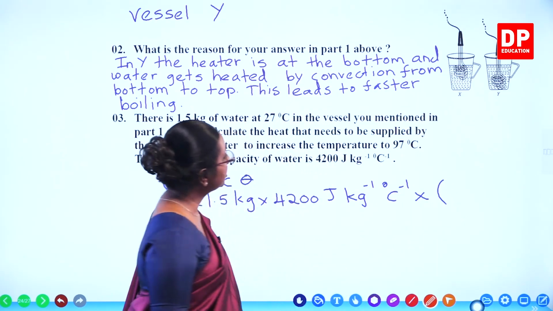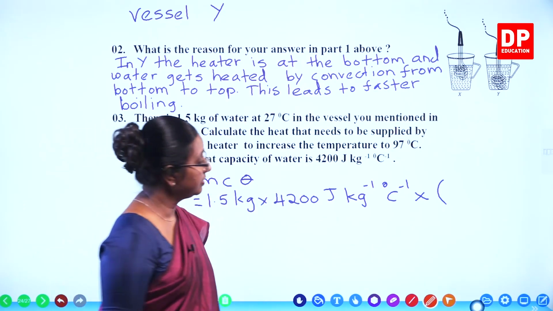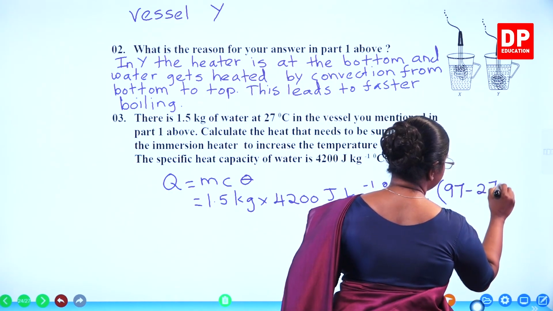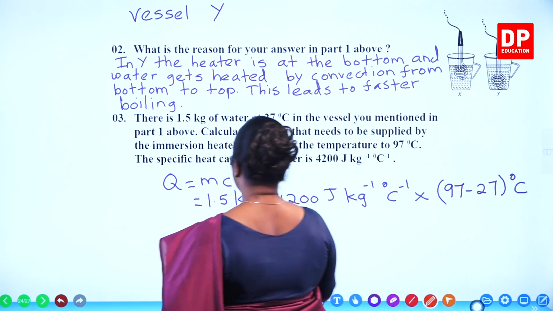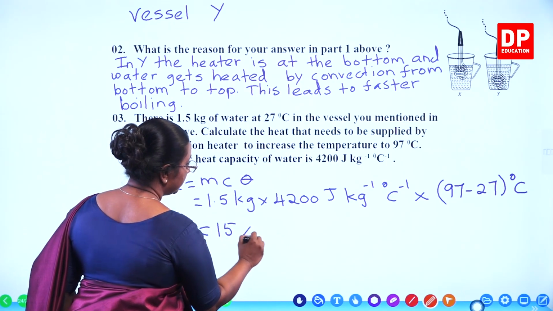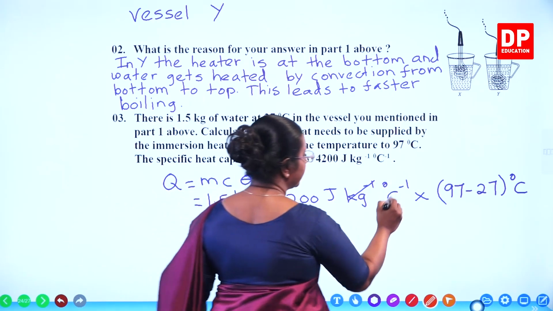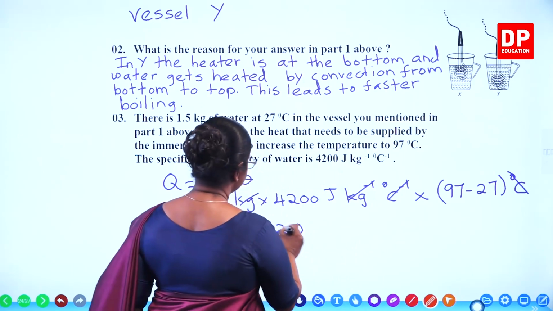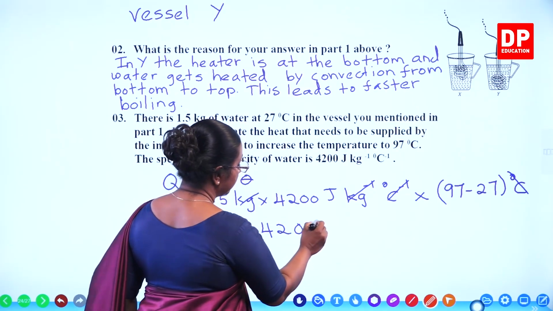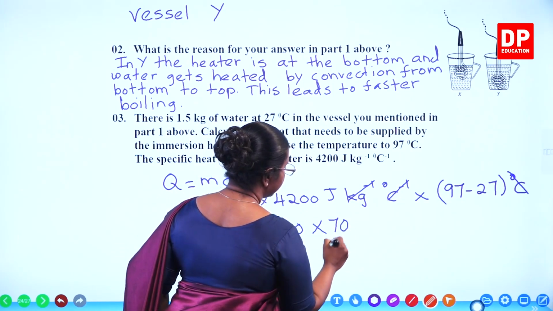And what is the change in temperature? From 27 degrees, it increases to 97 degrees. So 97 minus 27 degrees Celsius. So here, if we write the answer, 1.5 into 4200 joules per kilogram per degree Celsius, into 70 degrees Celsius. So then you have 97 minus 27, 70 degrees Celsius.